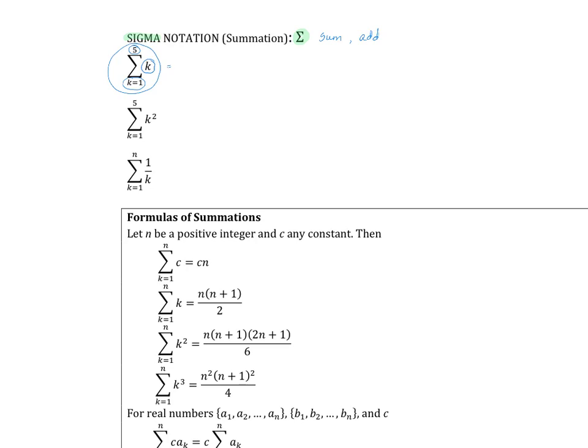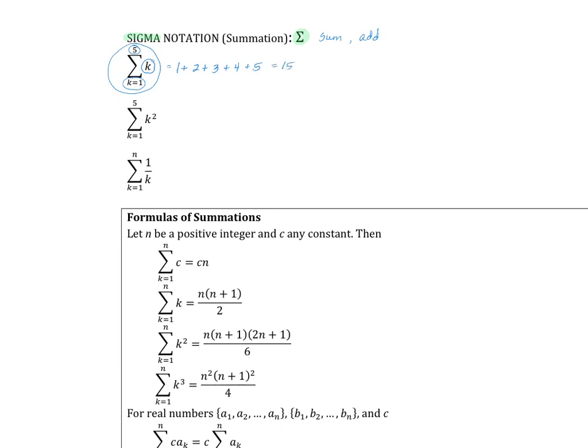So what this means is we're going to put in 1 for k, and then we're going to add the next k value, which is 2, so we put in 2 for k, and we add the next k value of 3, plus 4, and then we're going to end at 5. So if I were to sum 1 plus 2 plus 3 plus 4 plus 5, that's equal to 15.